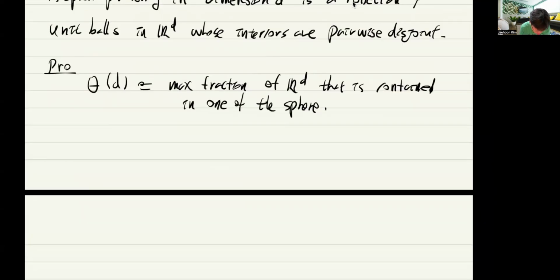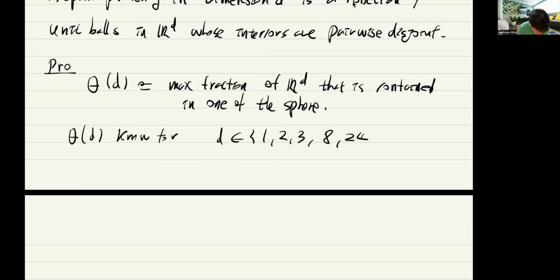And this is a famous problem. This is known for d equal to 1, 2, 3, 8, 24. And 1 and 2 are relatively simple, and the others are all very big problems. I think it was a 100-year-old problem that was recently determined.